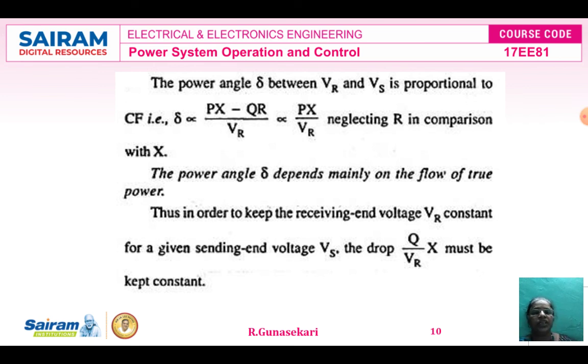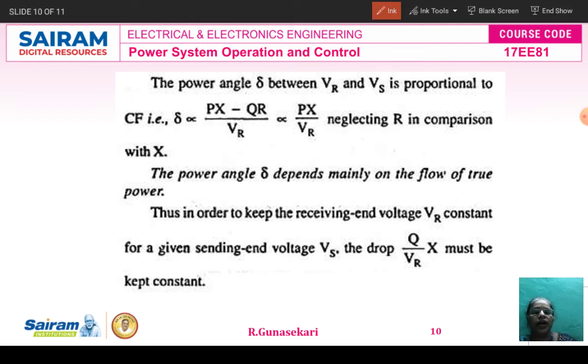That is PX minus QR divided by VR. Because the change in the voltage is nothing but Vs minus VR, then the VR is cancelled.